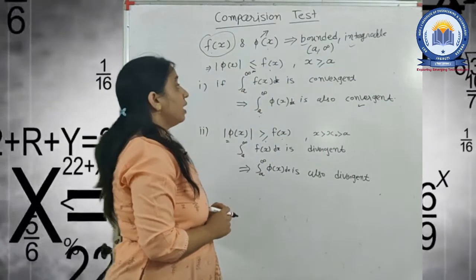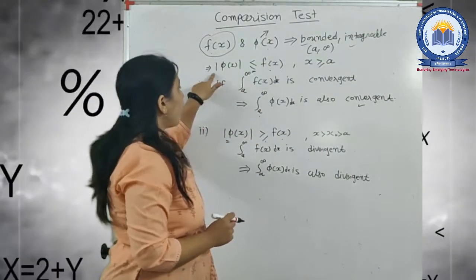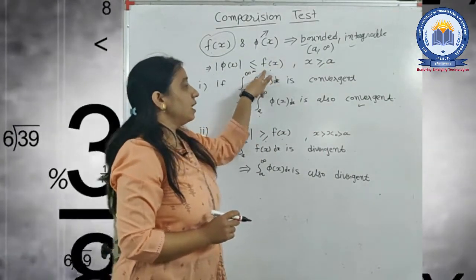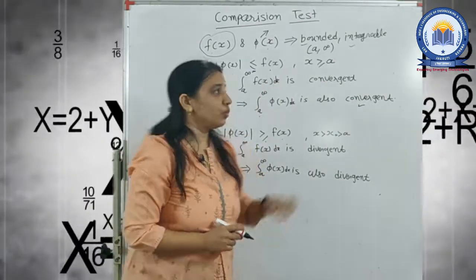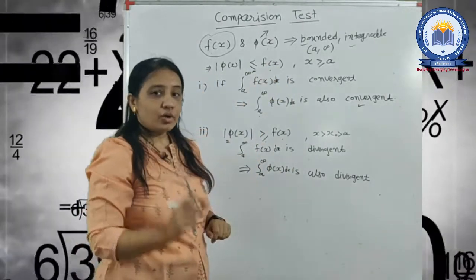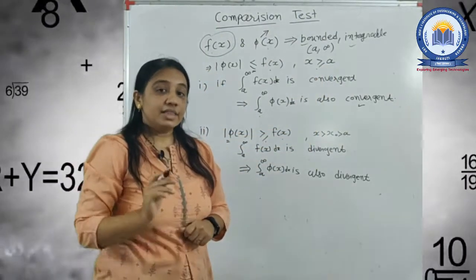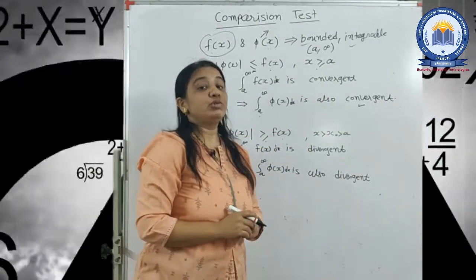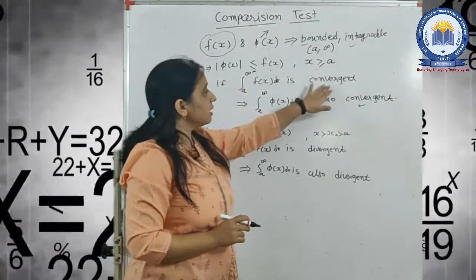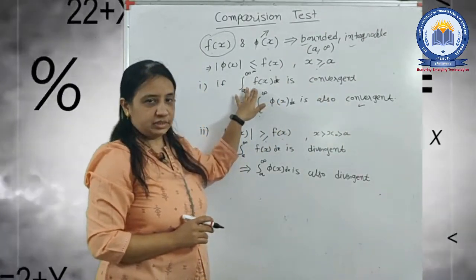Now if phi(x) is less than or equal to f(x) for all x greater than or equal to a, then we have to check the convergence of f(x).